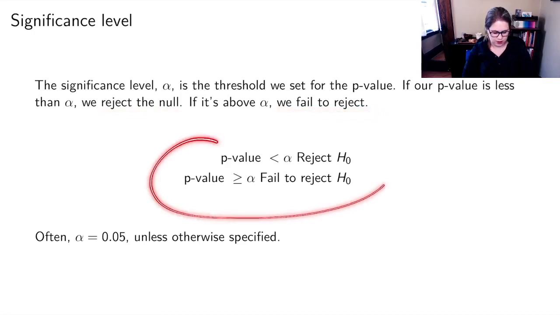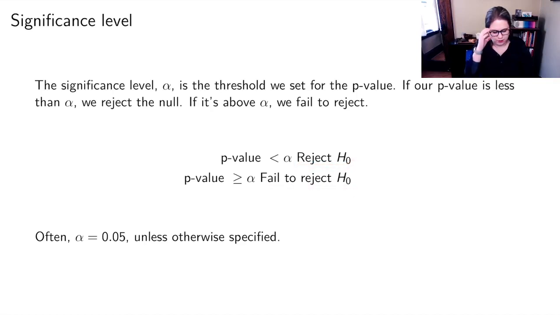So I've kind of summarized this here. If it's less than alpha, we reject, or if it's greater than or equal to alpha, we fail to reject. And often, alpha is equal to 0.05 unless it's otherwise specified. So if I, on an exam, don't tell you what alpha level to use, you can just assume 0.05.